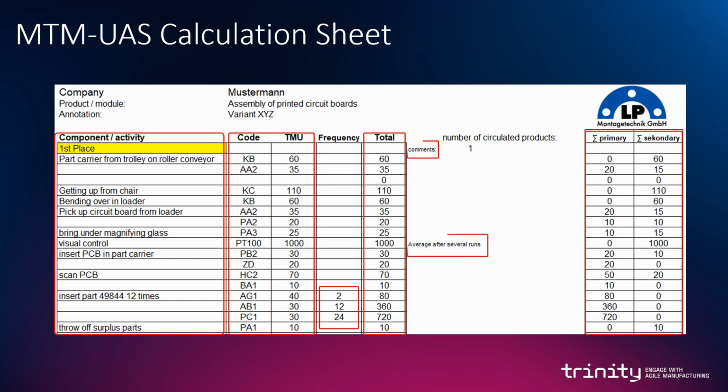The space between the 4 columns on the left and the 2 columns on the right can be used for additional comments. And finally, you can enter the number of circulated products in case you have a part carrier with several fixtures, such as, for example, in a one-piece flow assembly system.